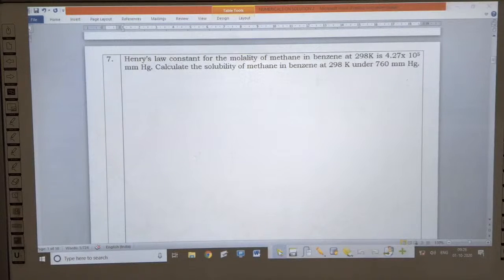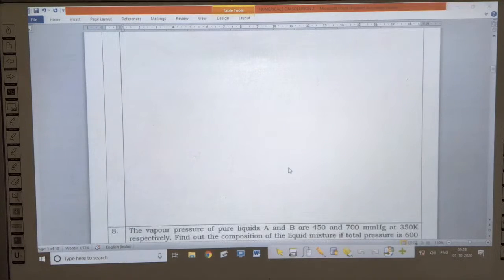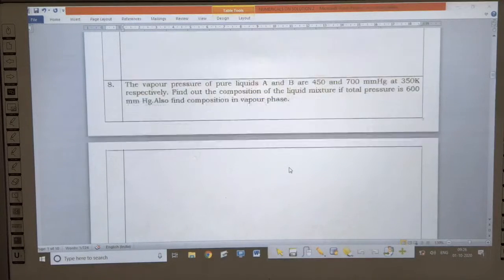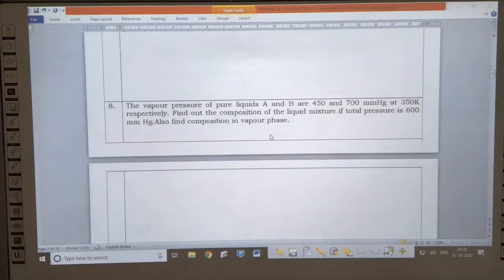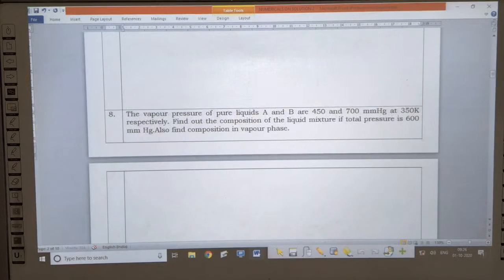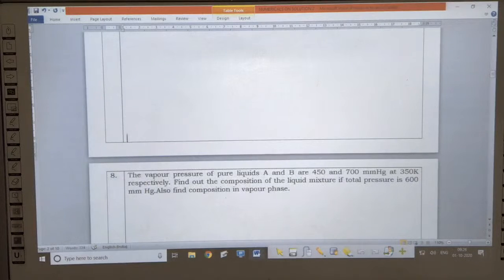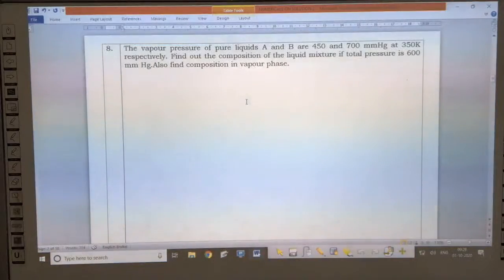Question number 8. Now this numerical is very important. You see the numerical carefully.